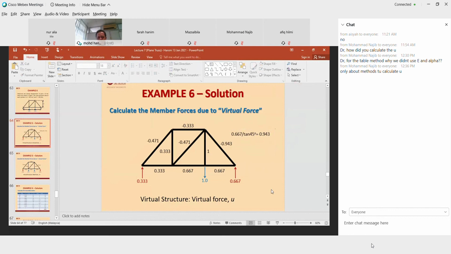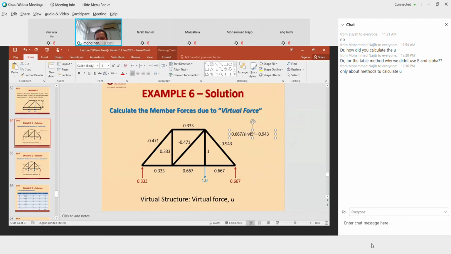Is it correct? 0.667 divided by tan 45. Correct or not? Doctor, no. I divide still got 0.667. It's not tan 45, it's sine 45.